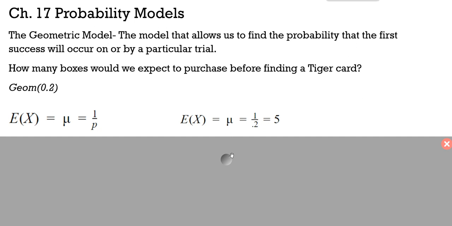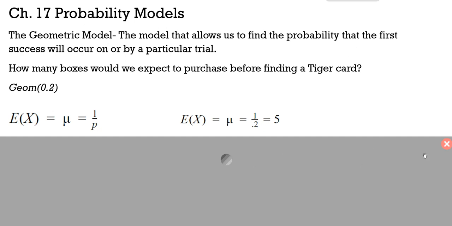We would expect by the 5th box to get a Tiger Woods card. It doesn't mean that we're going to, it just means that's what we would expect. If 20% of them contain Tiger Woods, 20% reduces to 1 in 5.